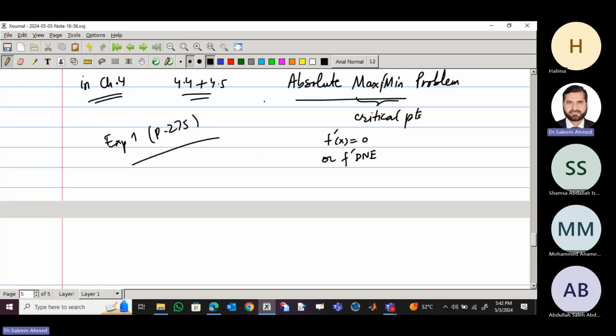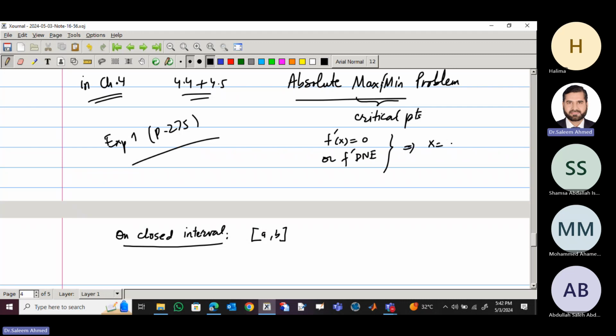You got critical points. If you are looking for absolute maxima minima on a closed interval AB, then what we do, we find the critical points.